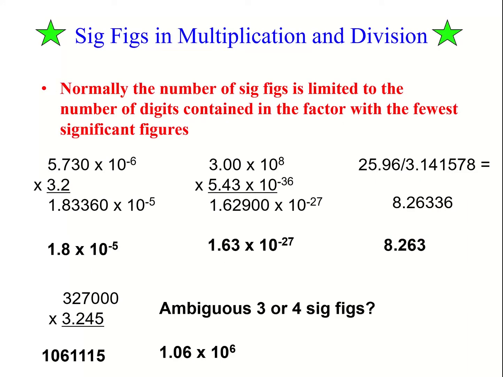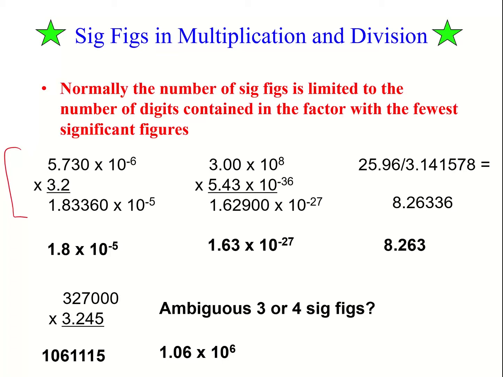Now let's talk about multiplication and division. For multiplication and division, the result cannot have more significant figures than any of the original numbers. So the total number of sig figs in the numbers that we use matters. For example, 5.730 times 10 to the negative 6 multiplied by 3.2. Let's look at the number of sig figs in each number.